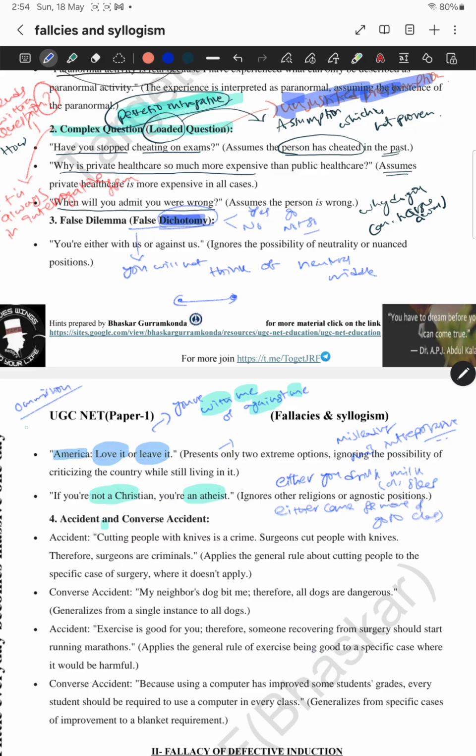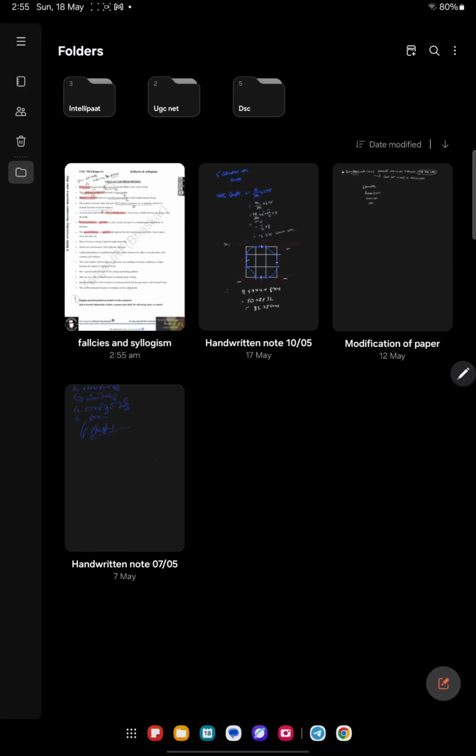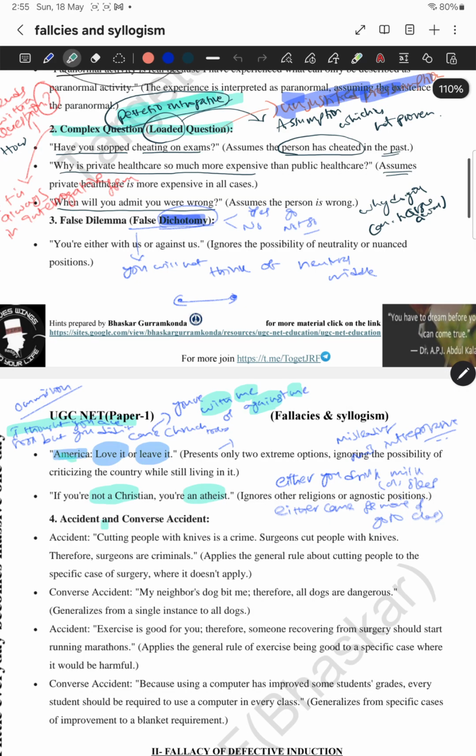I thought you are good but you didn't come to church today. Here they are omitting all the other choices that are present. So there may be good people who don't go to church, but they are omitting that. So this is about a false dilemma.